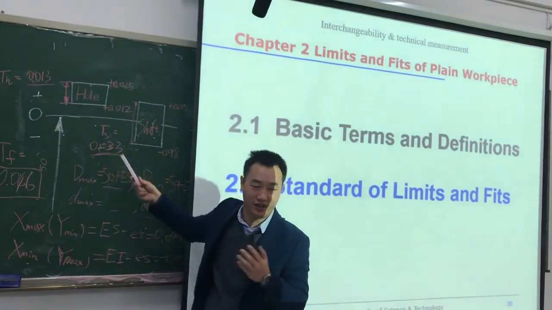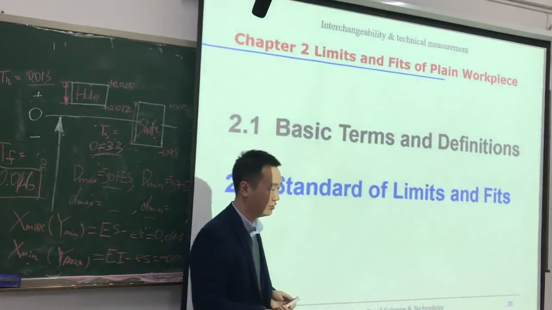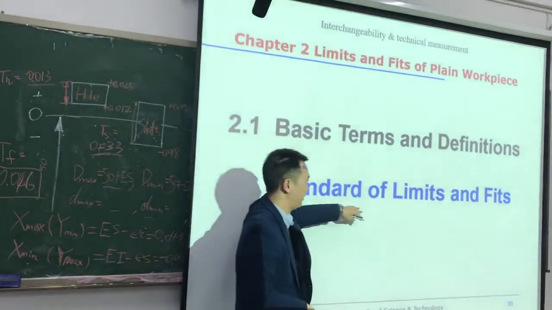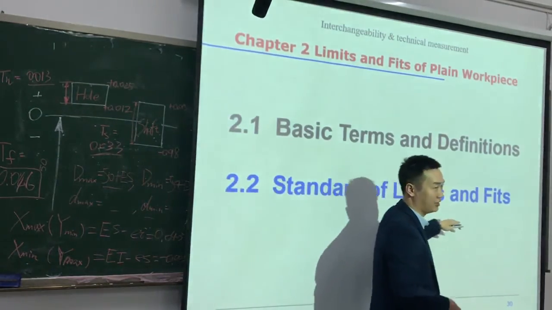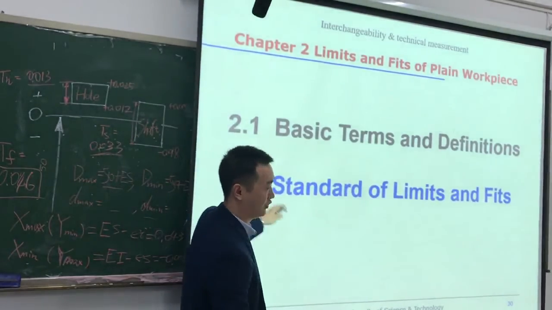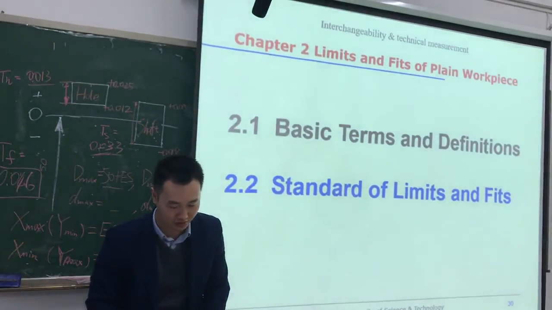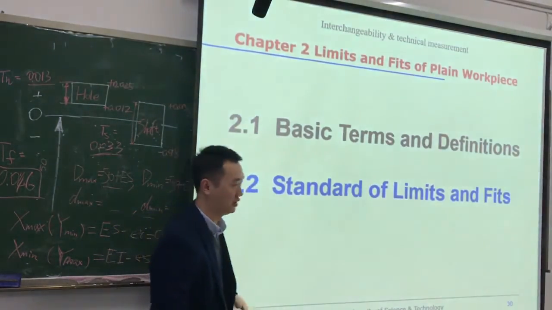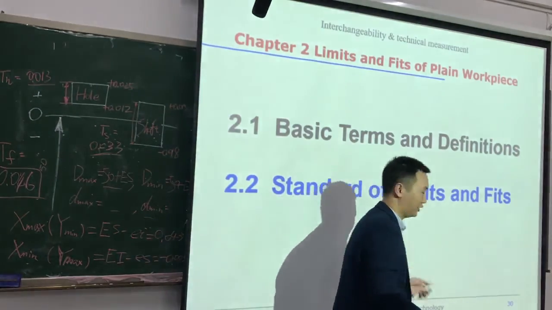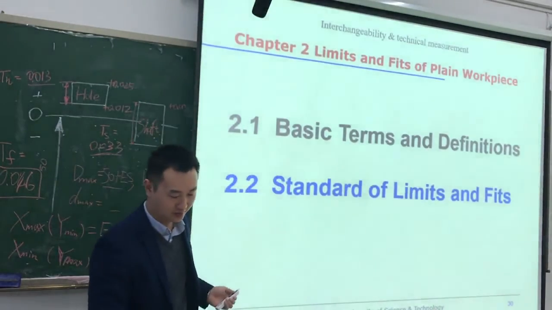They must be specified according to ISO standards. So section 2 is about how ISO standards specify those limits and fits, and we mainly learn how to check the tables to find the deviation and tolerance value according to the standard.